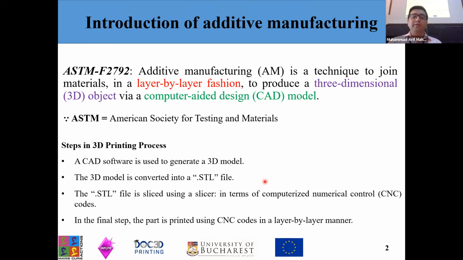Then we convert that model into a .stl file, which is a file format. After that, we convert this .stl file into computerized numerical control codes, CNC codes, in the form of G&M codes. And we use these codes to print my final part in a layer-by-layer manner.